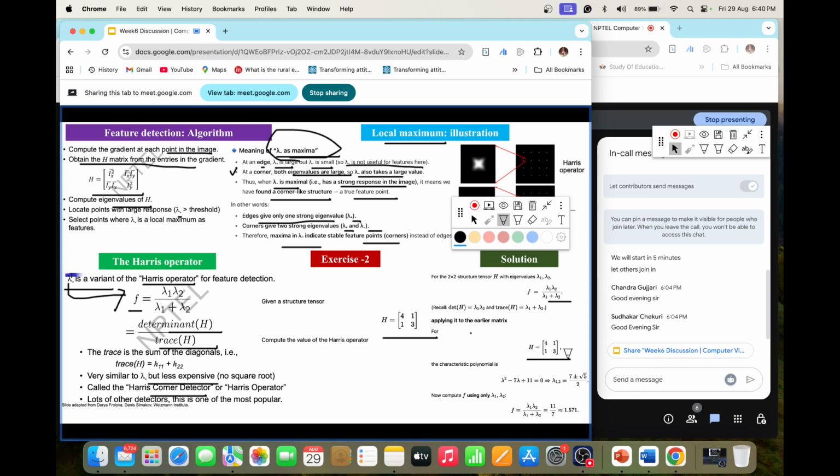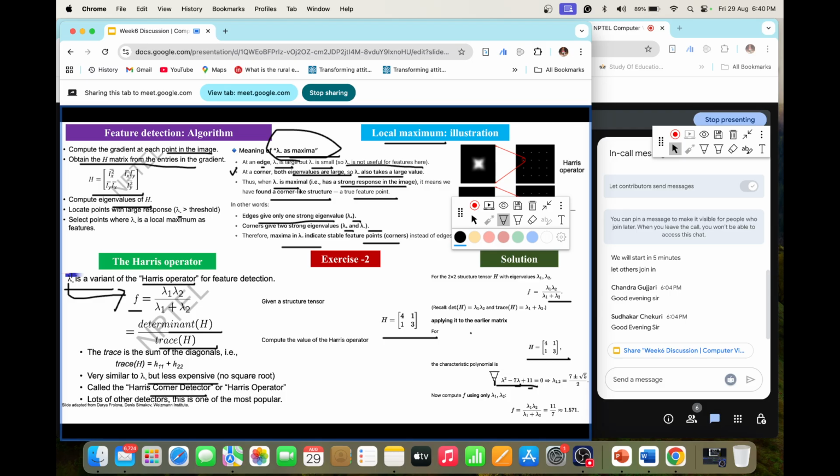We find the characteristic equation, that is the determinant of H minus lambda I equal to 0. So (4 minus lambda)(3 minus lambda) minus 1 equals 0. That gives lambda square minus 7 lambda plus 12, and minus 1, that is plus 11. So this is our characteristic equation.